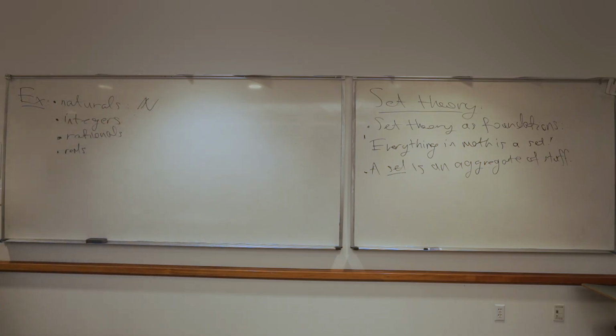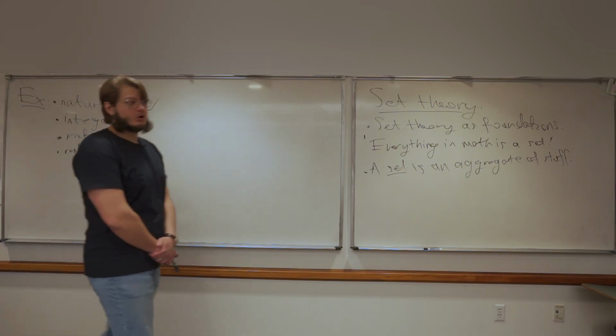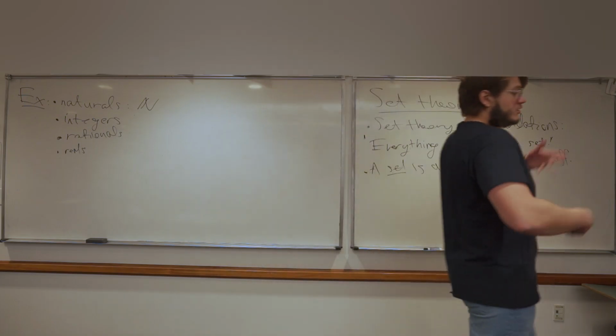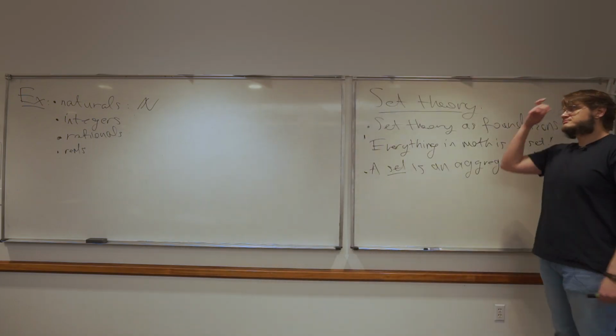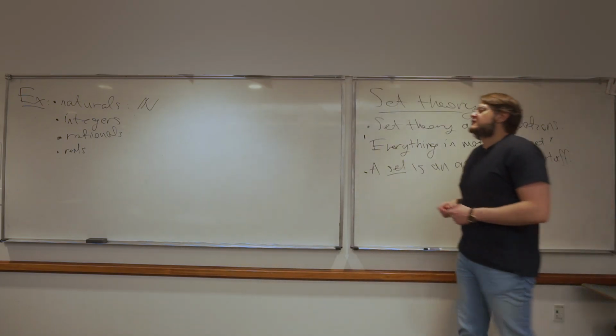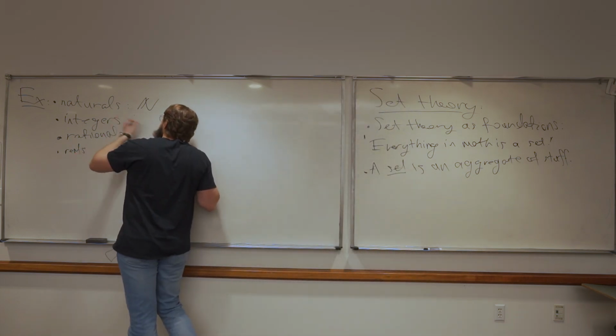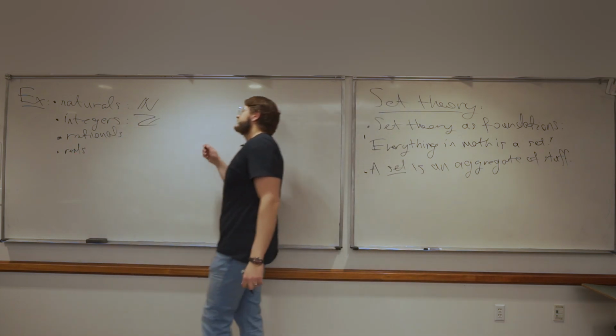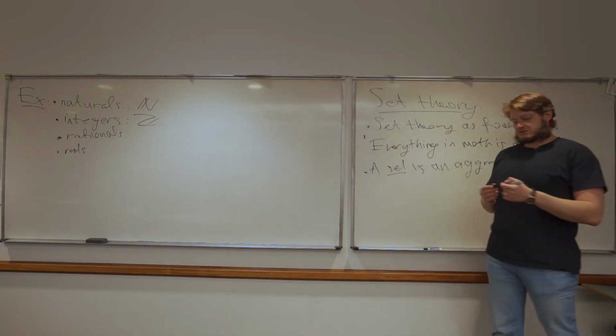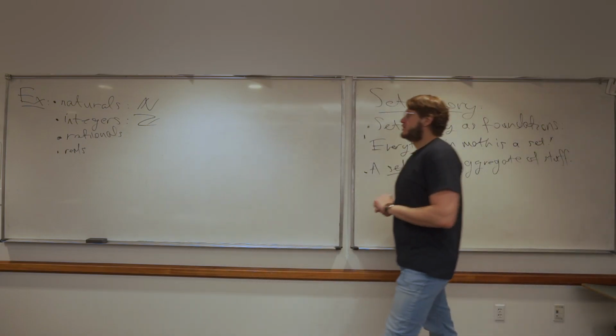Anyway, not that important that we do this, but I'm saying a bunch of things so that if you try to read things on your own, on Wikipedia, whatever, you're not confused. Integers doesn't start with E or I typically. It starts with Z, the first letter of the German word for integers.